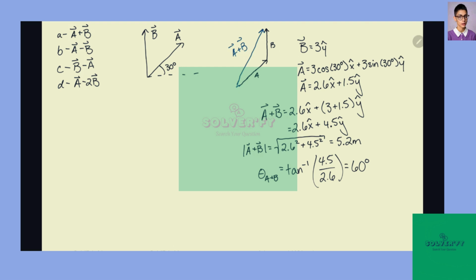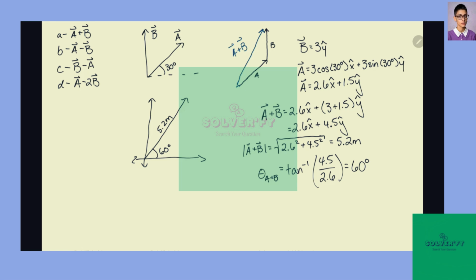So if we take a graph of A plus B, these are my axes. A plus B is going to look something like this, where this angle here is 60 degrees, and the length of this vector is 5.2 meters. Awesome.